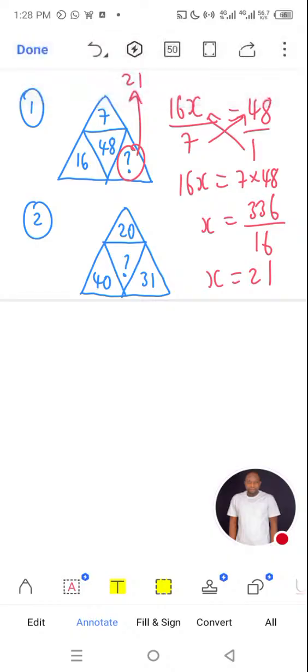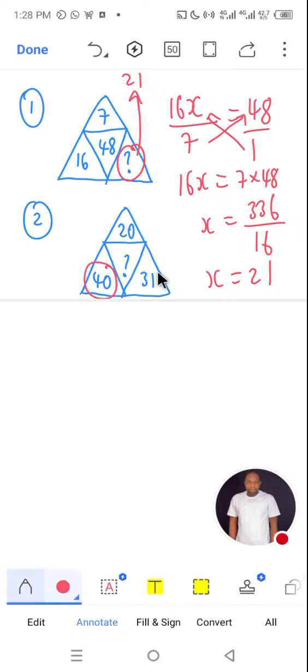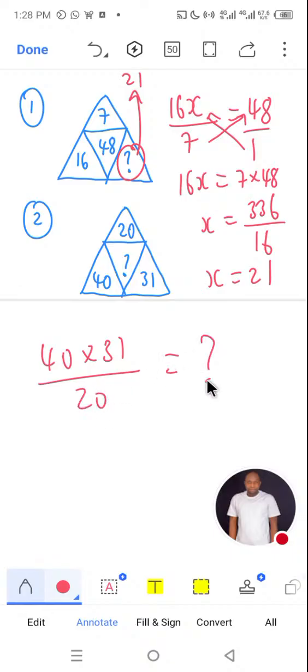Okay, you said the answer is 62. Okay, let's see if that's right. Look, like I said, you do 40 times 31 divided by 20. So 40 times 31 divided by 20 will give us the one at the middle. So what is 40 times 31?